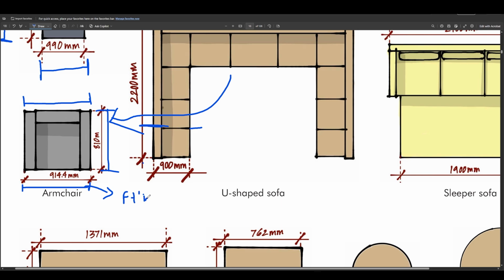If we talk about this, this is almost 3 feet, and this is almost 2 feet 8 inches. So roughly around 3 by 3, but we will not exactly say that it is a 3 by 3.